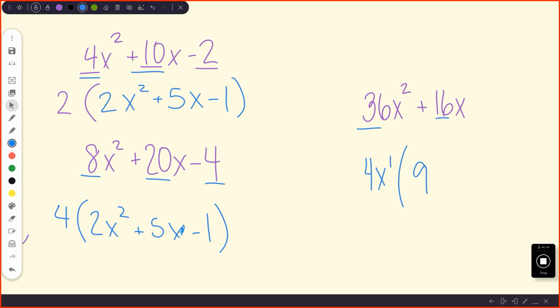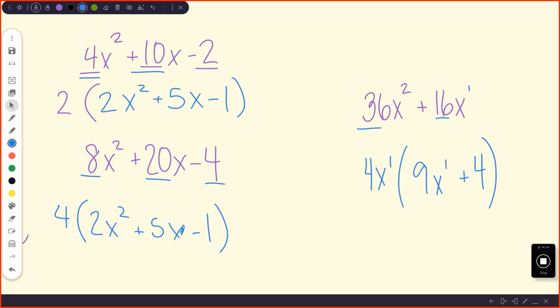If I'm dividing exponents, what do I do with them? Subtract. So x squared minus x to the 1 is? Okay. 16 divided by 4? And then x to the 1 divided by x to the 1 is 1 minus 1, which is 0. So I don't put anything, correct?